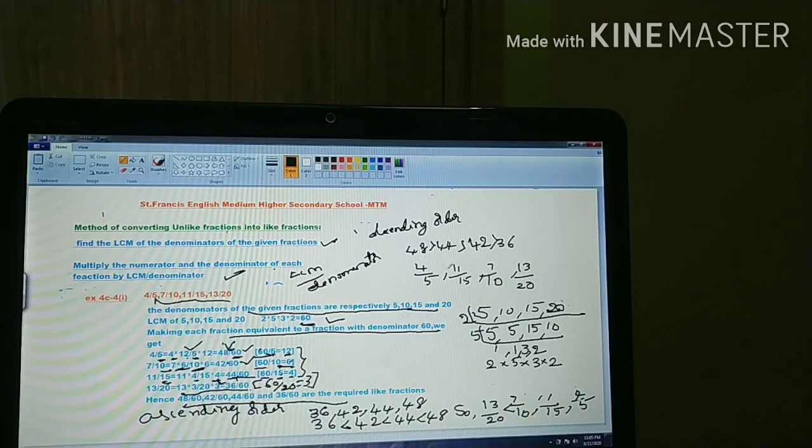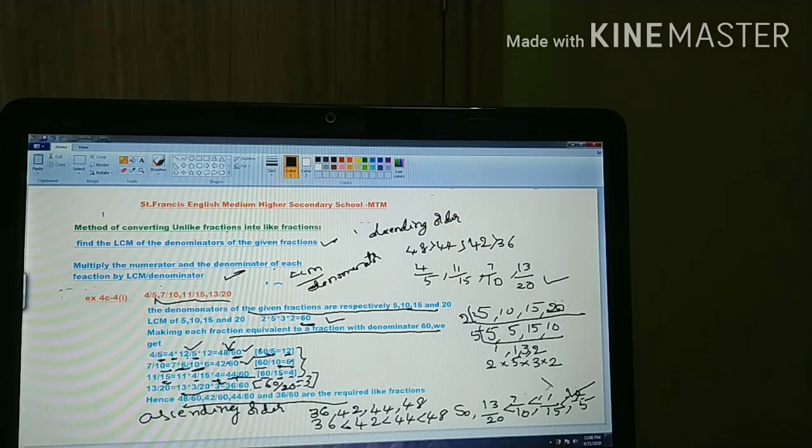Not with commas, write with the greater-than sign. Like that, mention all the fractions. These are the descending order and this is the ascending order of the fractions.